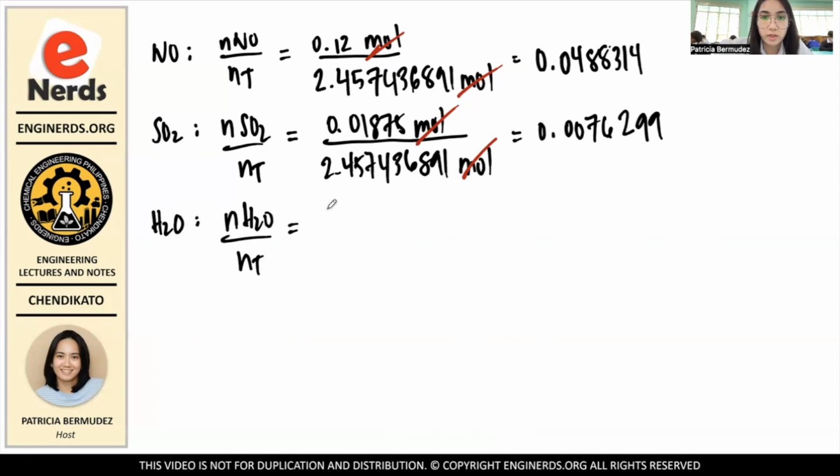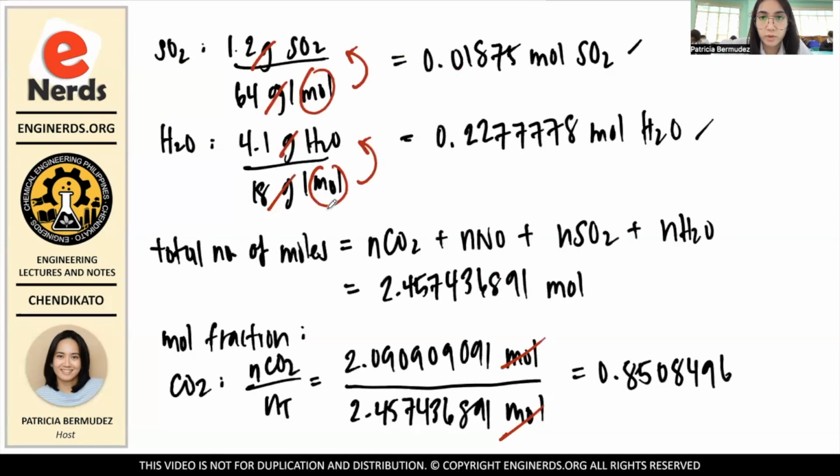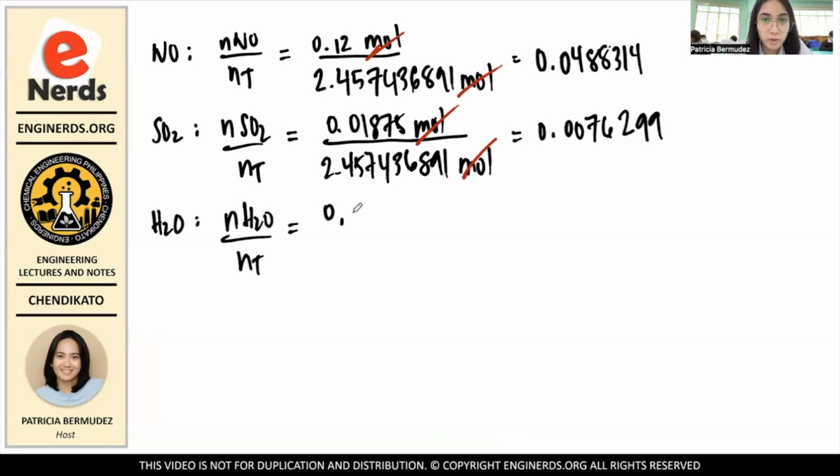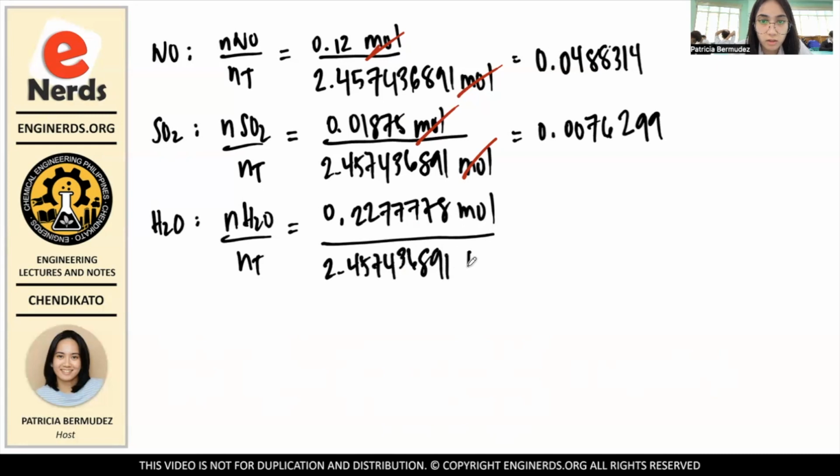And the number of moles of water is 0.22777 divided by the total again. And calculating, we have 0.092689.